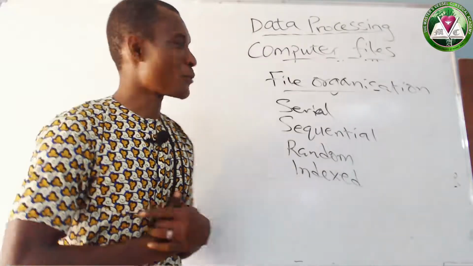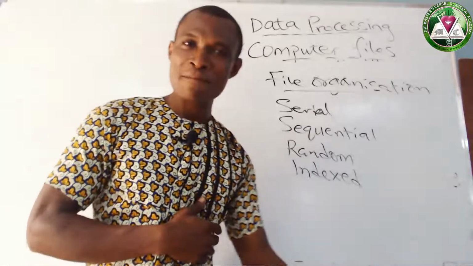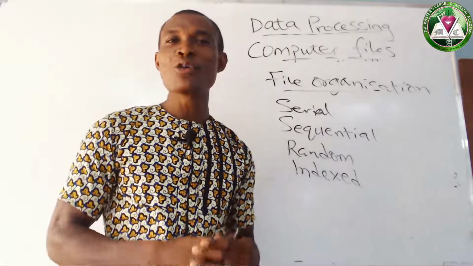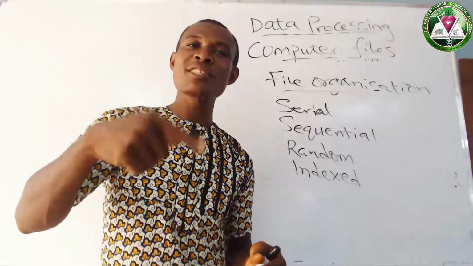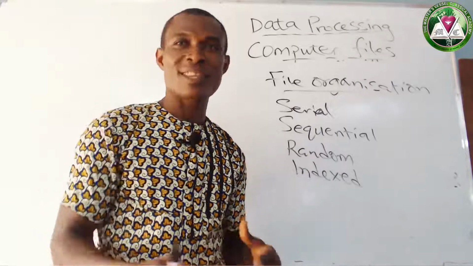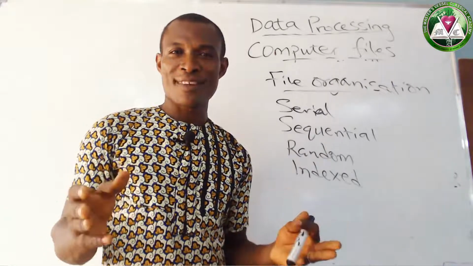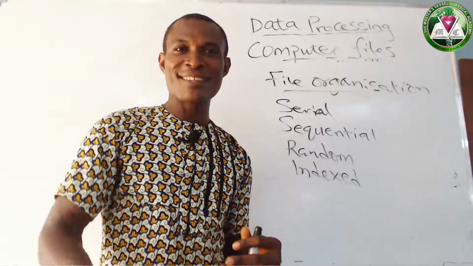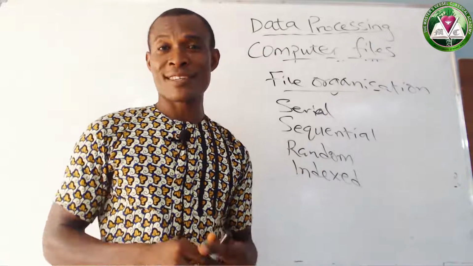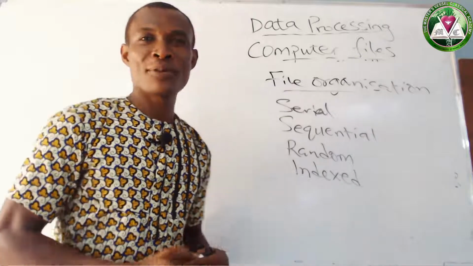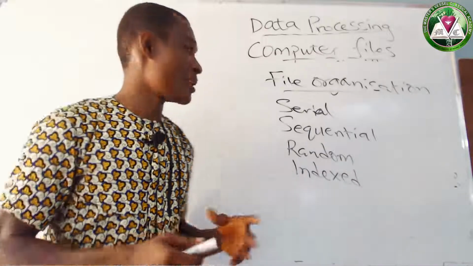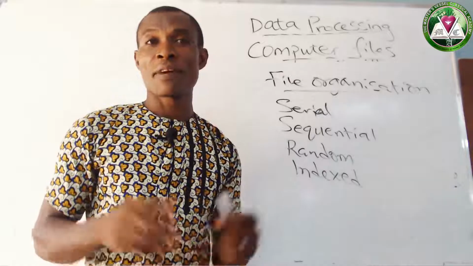For example, if you want to store a sequential file, and you know that sequential file can only be stored sequentially, all you need to do is to look for a sequential storage device that will enable you do it that way. I hope you can remember a device that is a sequential storage device. You know the tape and all that. The tape is a good example. Now, when you consider these things, you also consider the volume of file that you are storing.